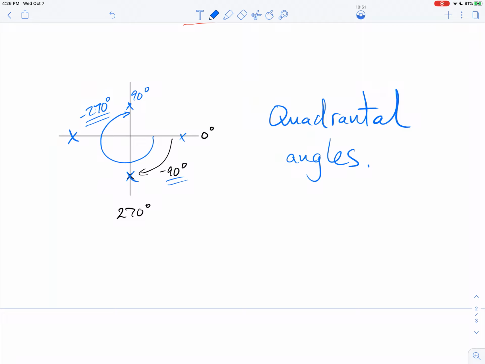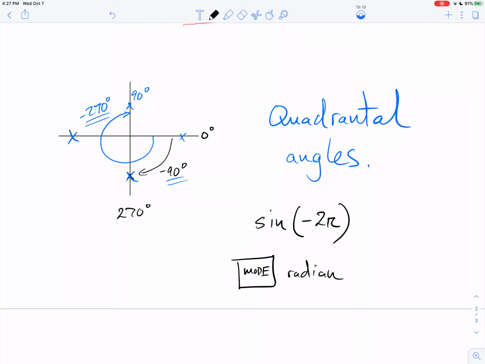So let me just ask you a quick question and see what you think. If I asked you to punch in the sine of a negative 2 pi angle, we've already talked about radians. So sine of a negative 2 pi angle. Well, if I want to punch this into my calculator and just let my calculator do it, I better make sure I'm in the right mode.